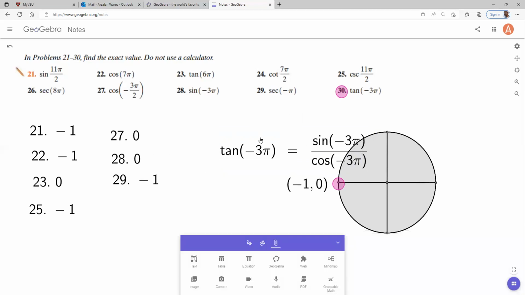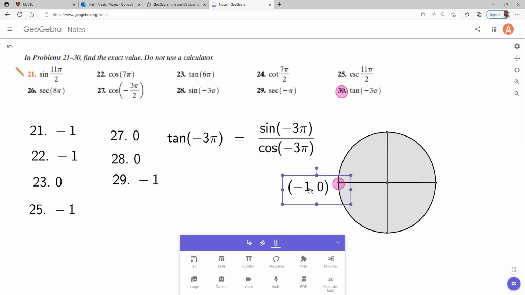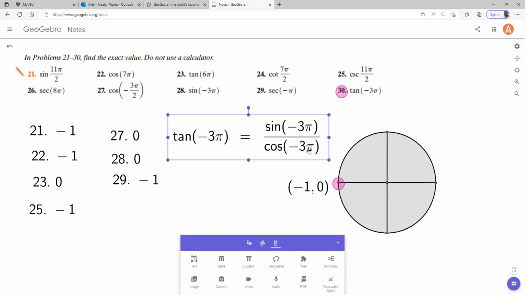All right. Now, from this coordinate right here, sine is 0, cosine is -1, 0 divided by -1 is 0. So the answer to 30 is 0.